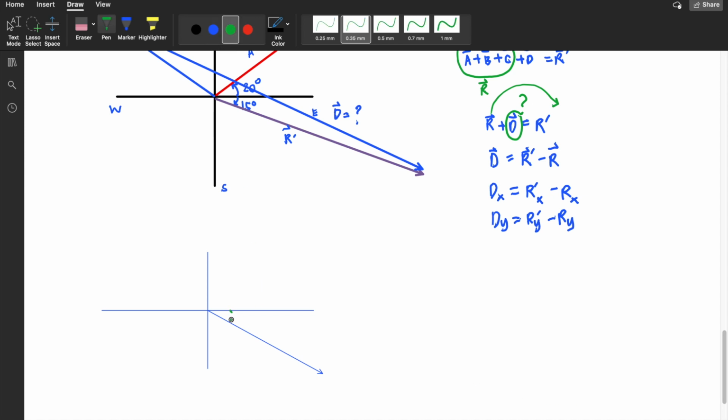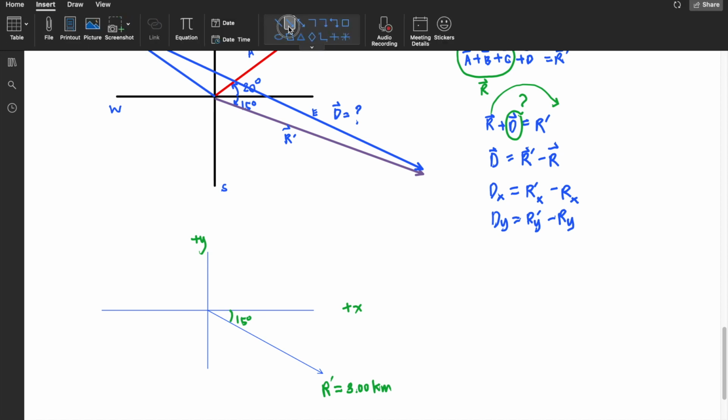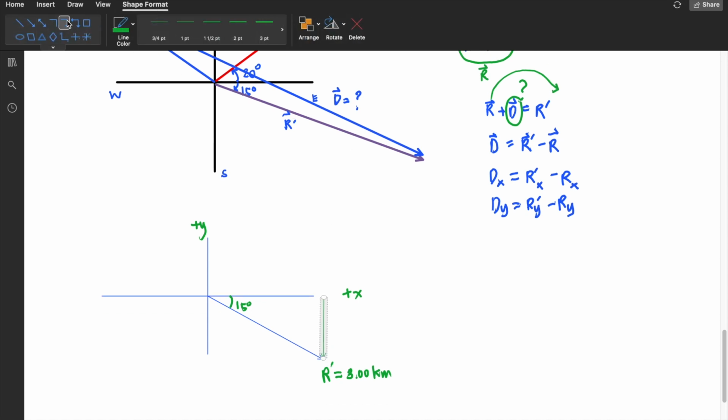So this will be 15 degrees, right? This is your R prime vector having a magnitude of 3 kilometers. Positive x and then positive y-axis here. So we'll use the component method for this case. This will be vertically downwards, so I mean to say it's your ry.